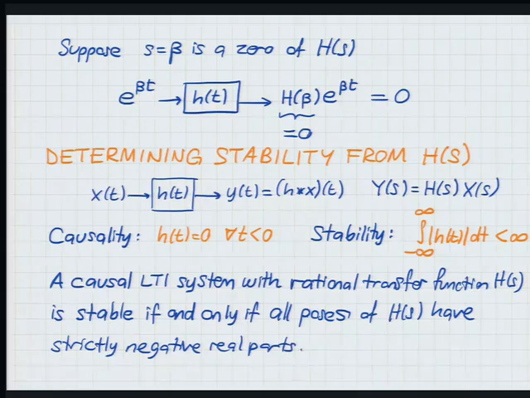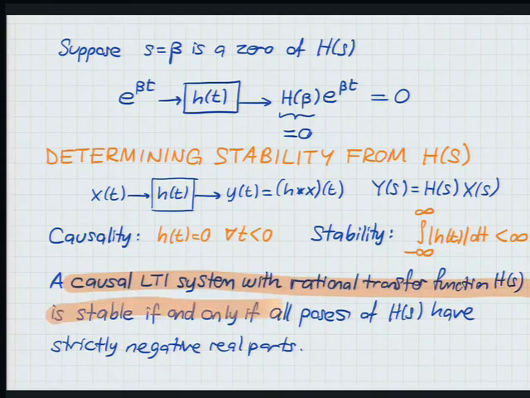Okay? If there's one message to take away from today, if you had memory enough only for one sentence, this is the sentence you should leave with. Stability for a causal LTI system means poles are in the left half plane. Strictly negative real part means they lie to the left of the imaginary axis, right?